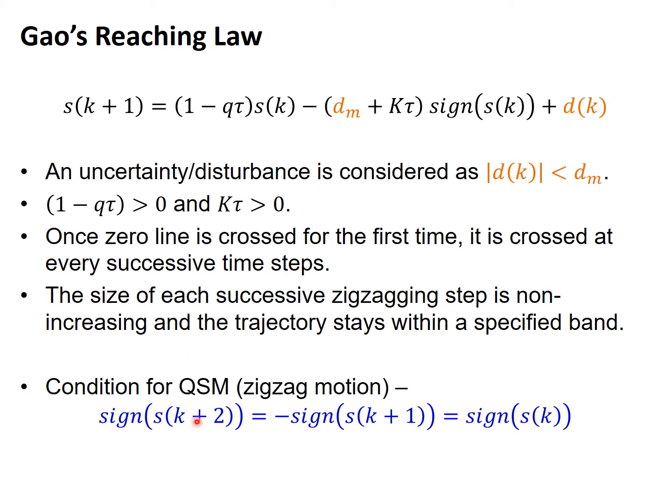If we have three consecutive samples, then the sign of the middle sample would be different, and the sign of the first and the last sample would be same. That is what we must have. So if we have to guarantee this sort of a condition, then we must look into sk plus 2.